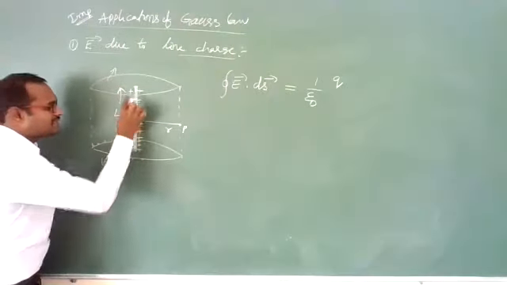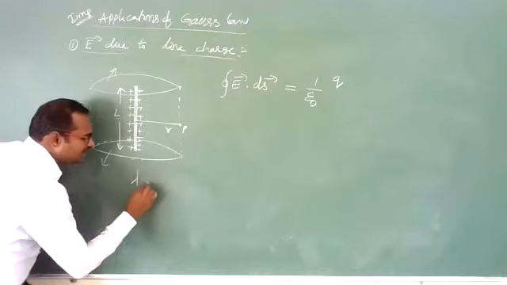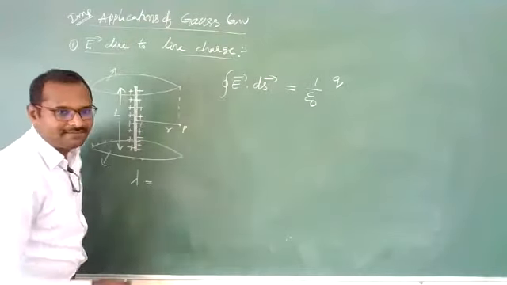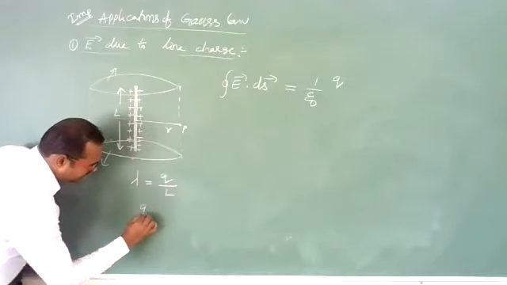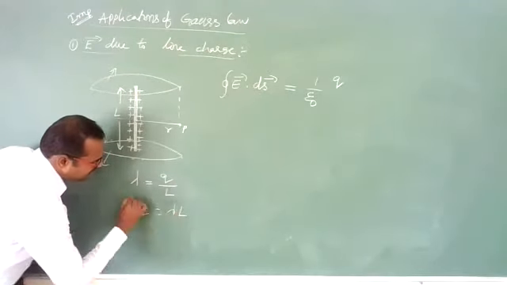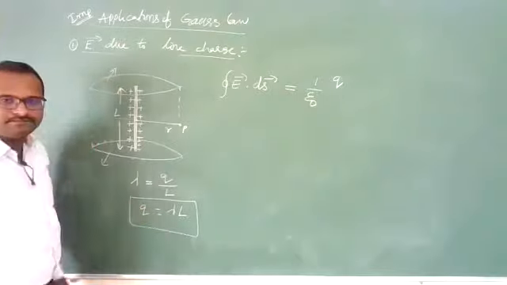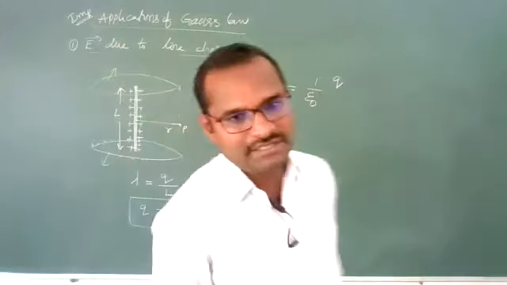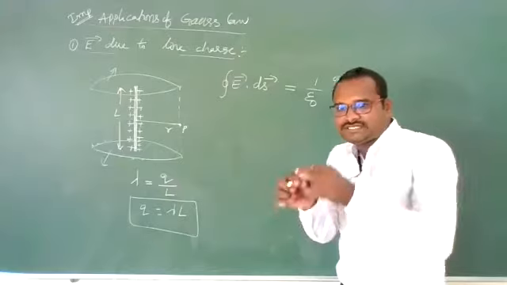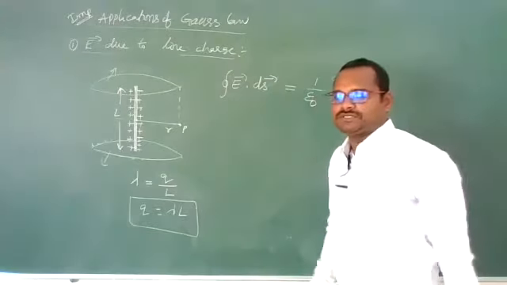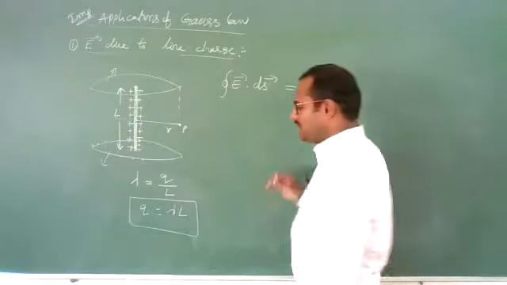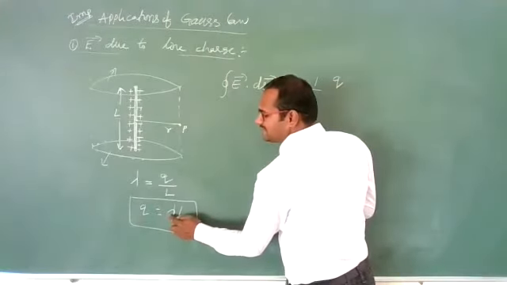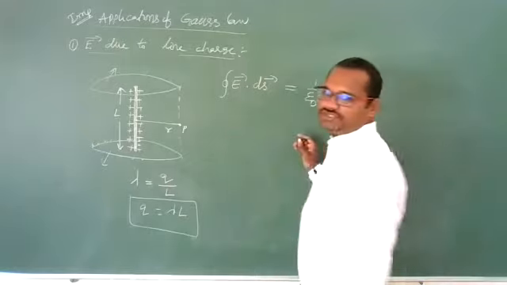Whenever you consider a line charge, you need to take the linear charge density lambda, which is Q by L. Then Q can be written as lambda into L. This point you need to remember first. Because it is not a point charge but a uniform distribution of charge on a rod, the total charge Q is equal to the linear charge density into the length of the rod.